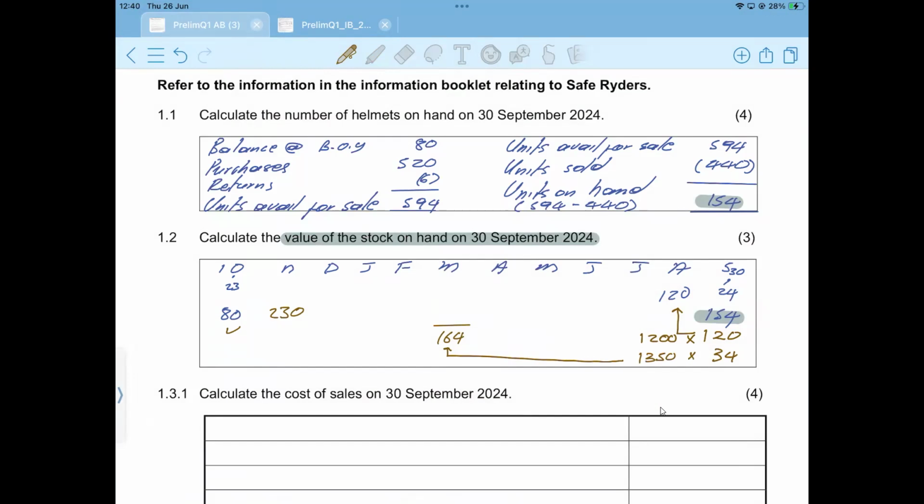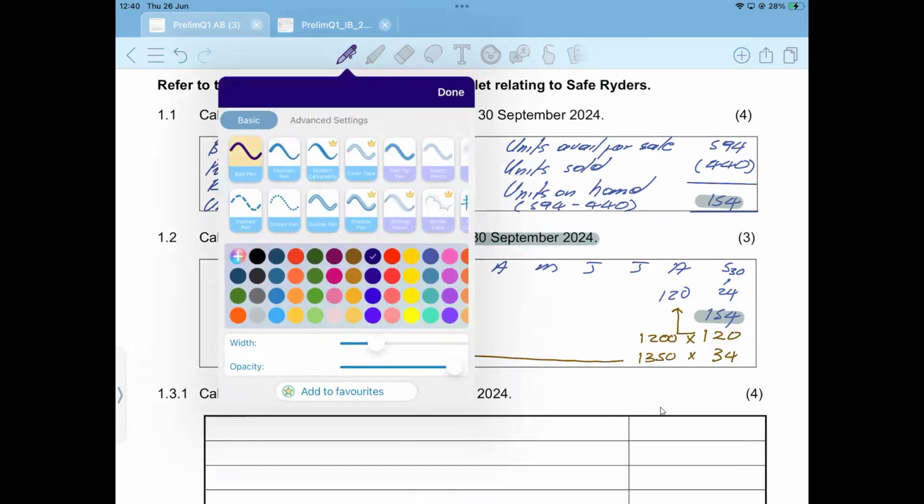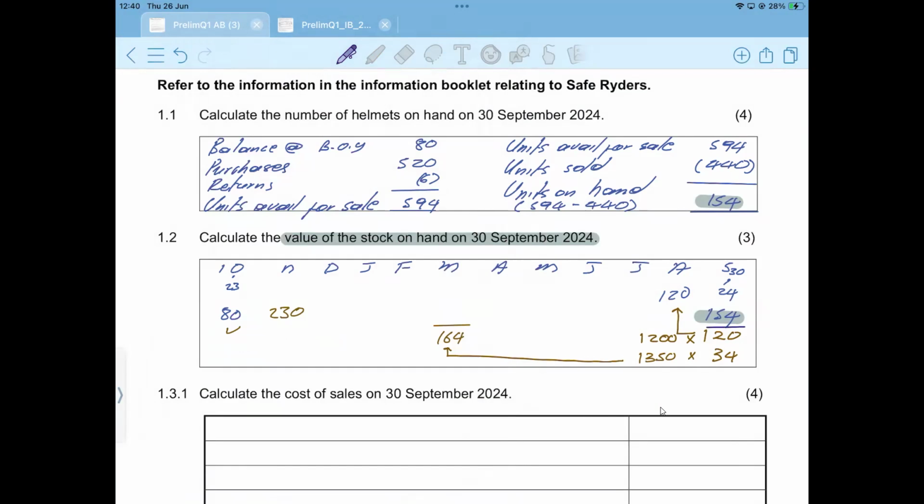When you add these amounts up, they will give you the number of units that were given to you, which is that 154. To get the value, just multiply those and add them up.